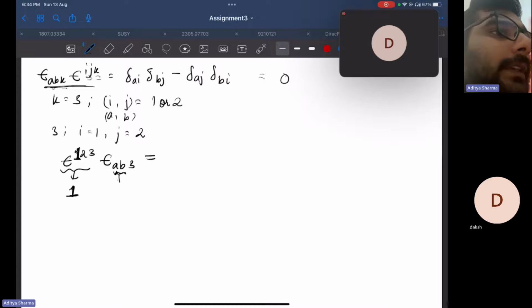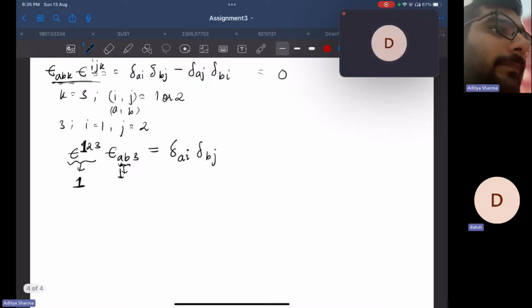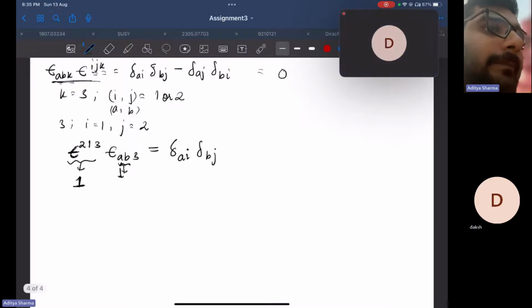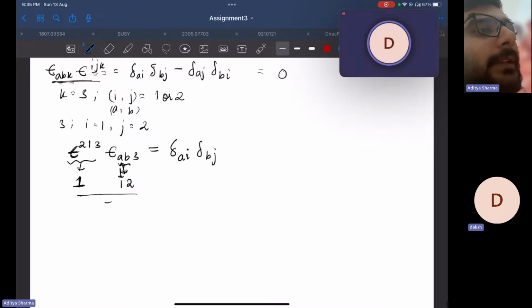Now how can you make 1 on this side? If your A is equal to 1 and B is equal to 2, then you directly have delta A I, delta B J here. Now you can have the other part also, the minus sign. This can still be non-zero if you choose A equal to 2 and B equal to 1, but this time the answer will be minus 1.